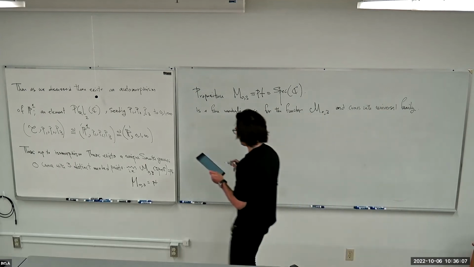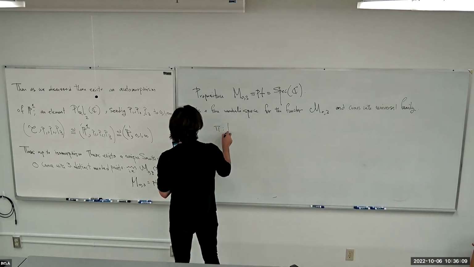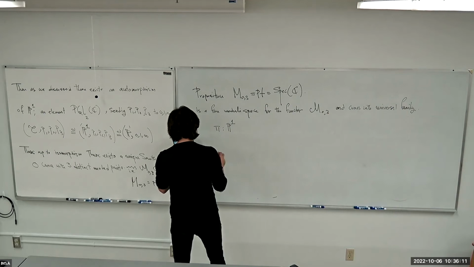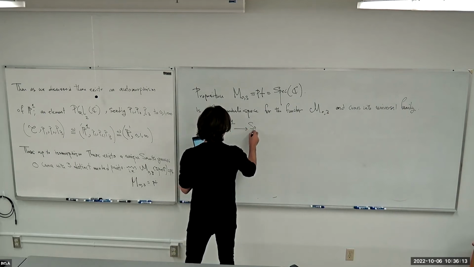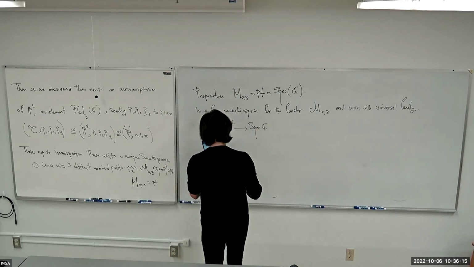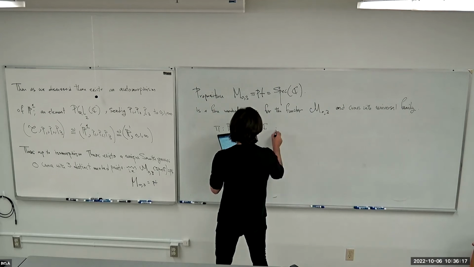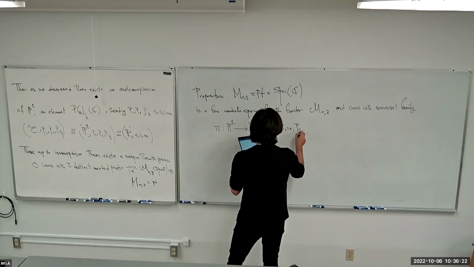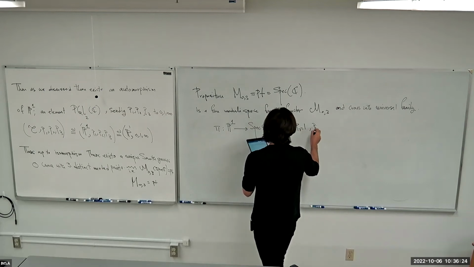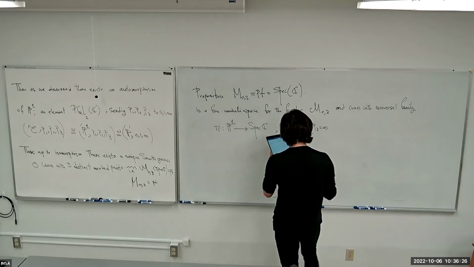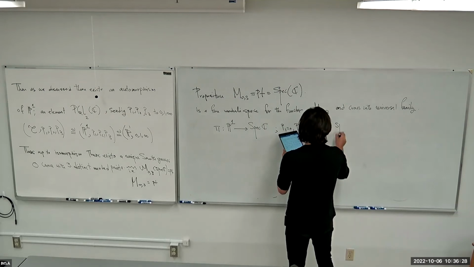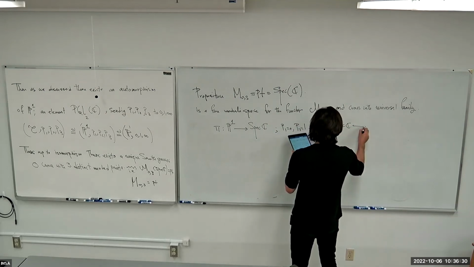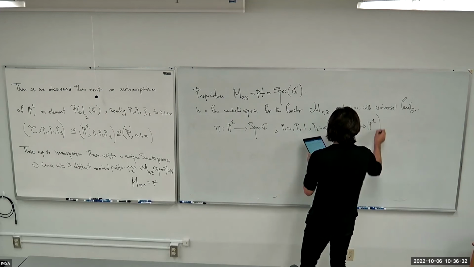It comes with universal family I, which is P1 over the spectrum of C, and P1 equal to 0, P2 equal to 1, and P3 equal to infinity are maps from the spectrum of C to P1.